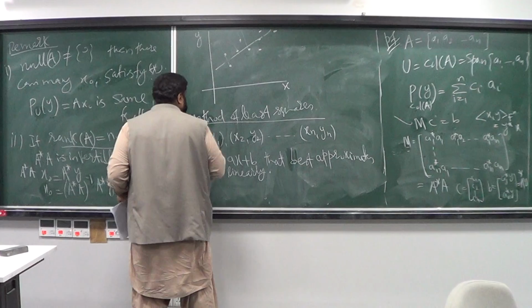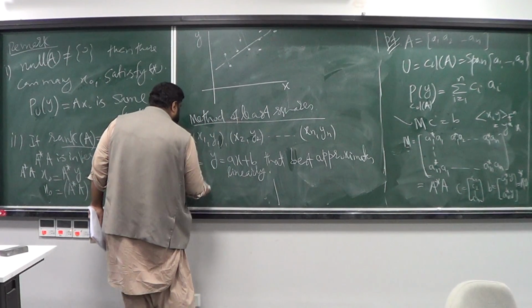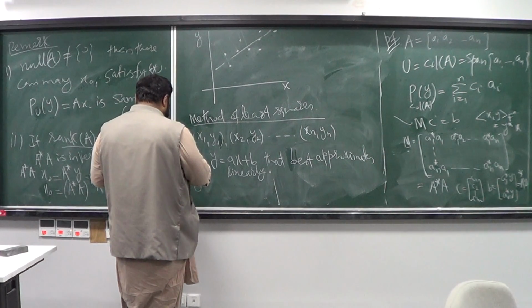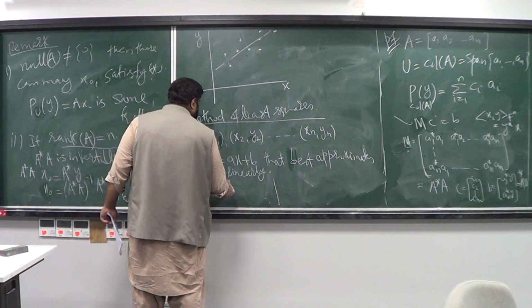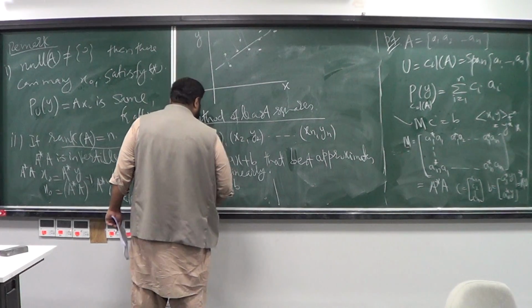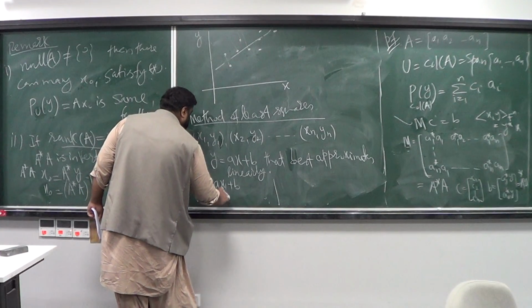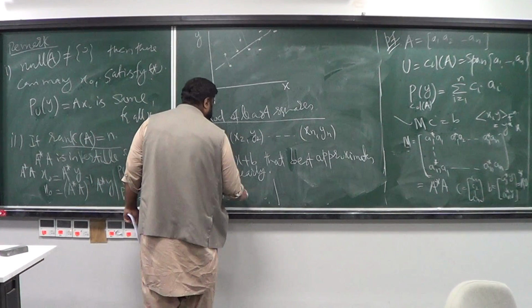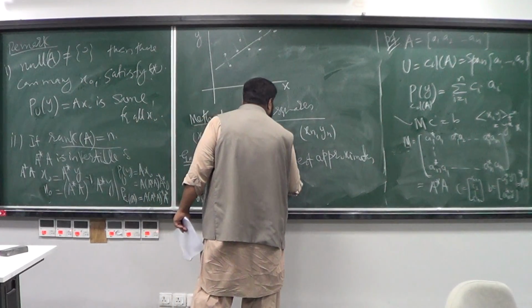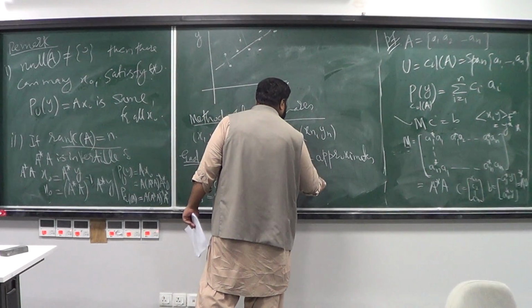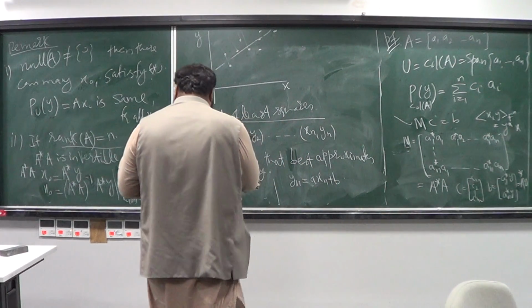So say that (x1, y1) lies on a line whose equation is y1 equal to ax1 plus b, and y2 is ax2 plus b, and so on, and similarly yn is axn plus b.